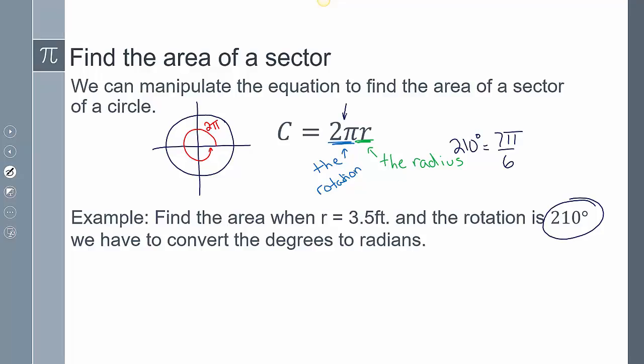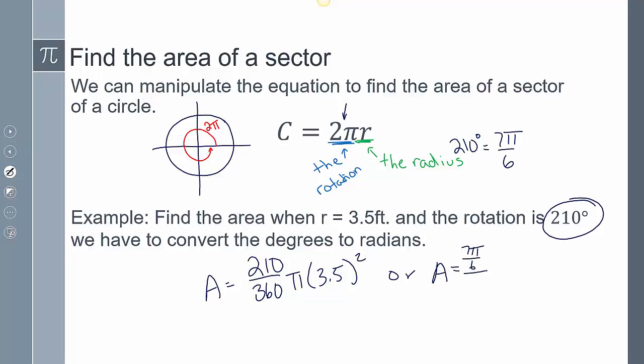And so I could say 210 degrees over 360 degrees times pi times r squared. Or I could say my area is going to be 7 pi over 6 over 2 pi times pi r squared. And those would give you the exact same answer if you were to simplify that and enter that into your calculator.